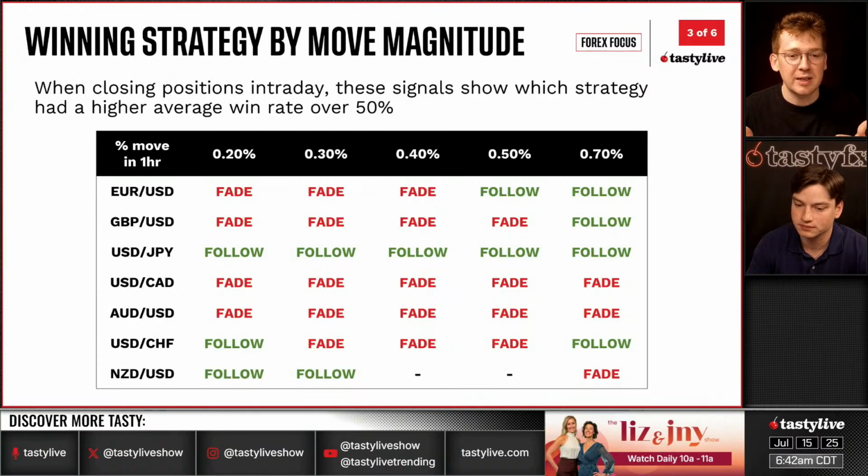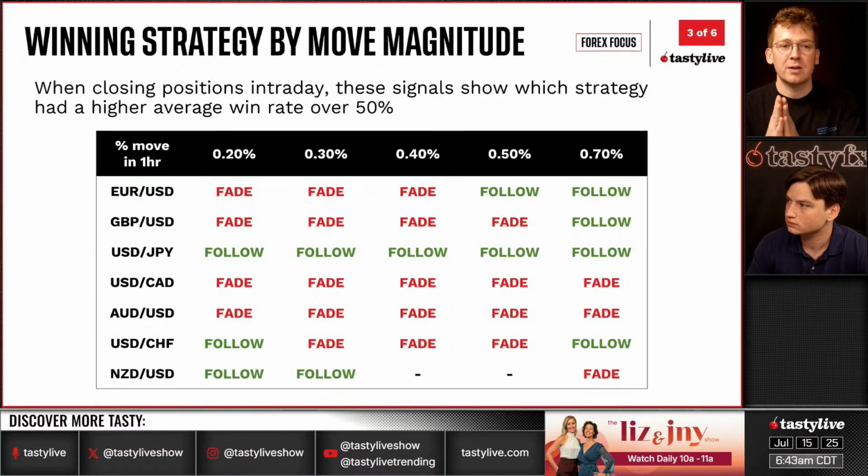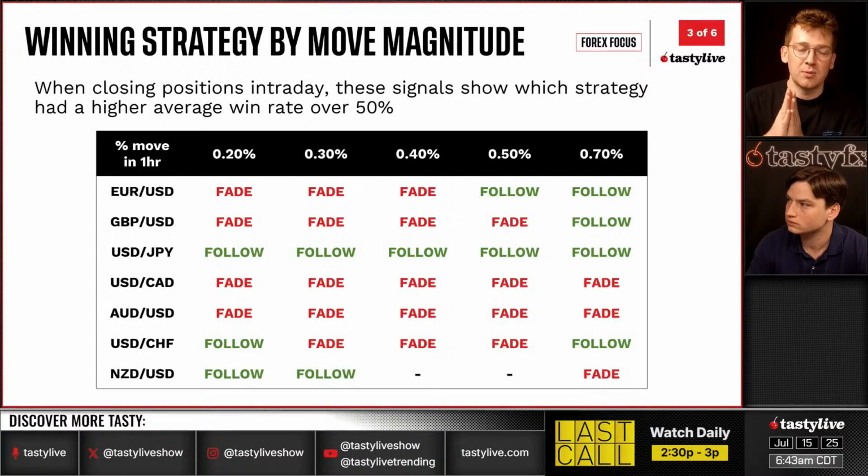And so essentially, okay, if that top line there, euro dollar, moved in any given 1 hour bar outside of 0.2% or outside of 0.3% or outside of 0.4%, in the last year, on average, the next hour the market was more likely to revert some of that move than to continue that move.